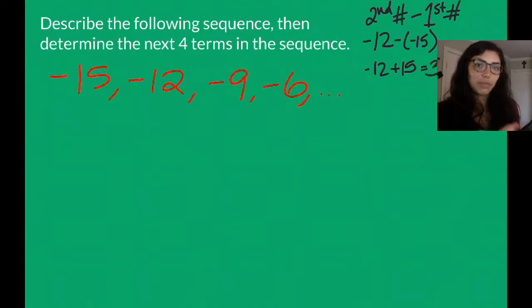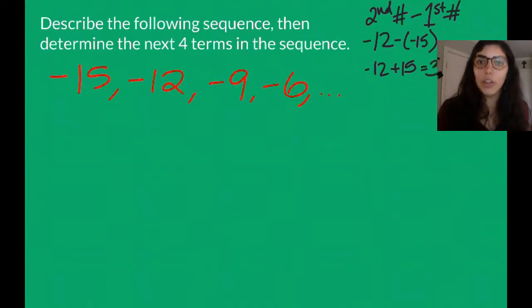That's 3. So I'm actually adding 3 each time to create the next numbers in the sequence. Let's see if that works for the entire thing. -15 plus 3 is -12. -12 plus 3 is -9. -9 plus 3, -6, and on and on.